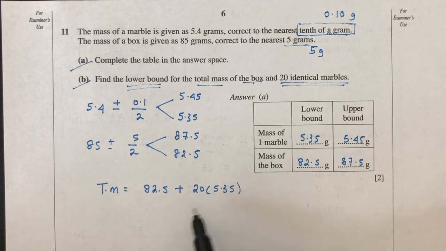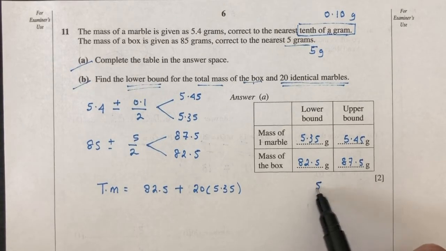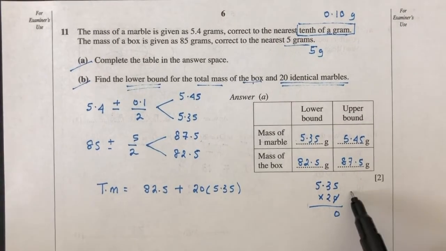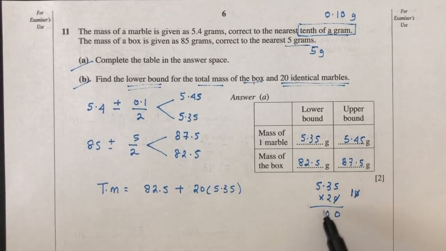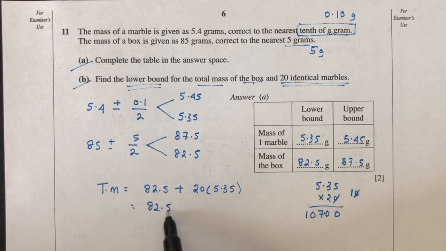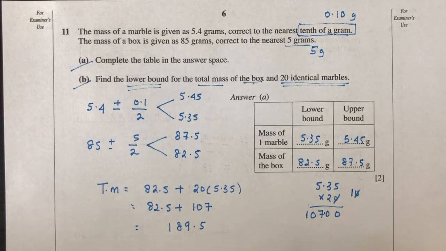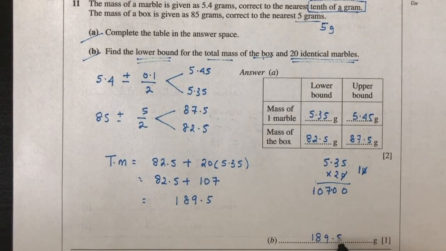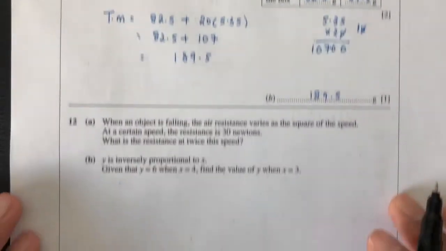So let's do this one first. 5.35 times 20, so 0 goes away, we have 10, that will be 7, 10. So we have 2 decimal places, goes here. So it will give me 82.5 plus 107. This will be 0.5, and then that will be 891. So your answer will be 185.5 grams.